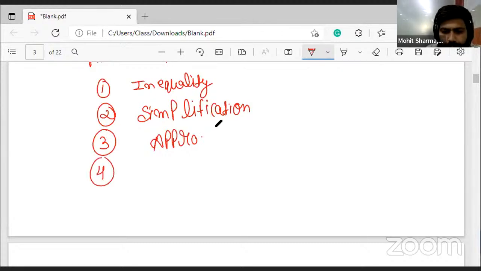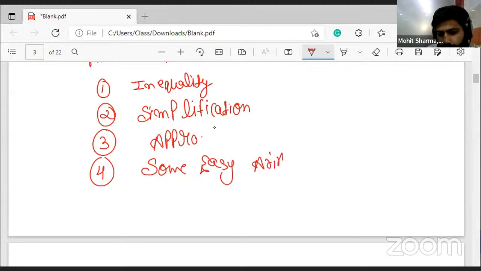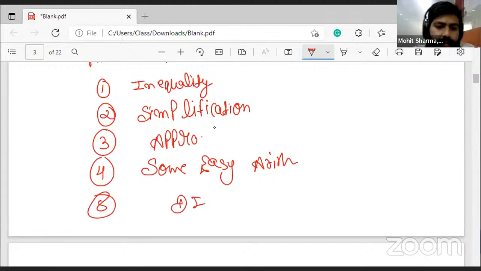Fourth is some easy arithmetic questions. And the last step is DI. Best approach for banking students.